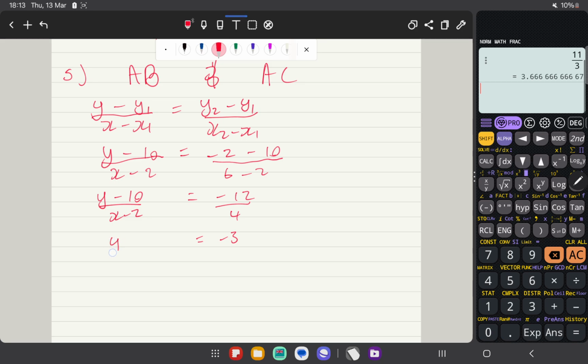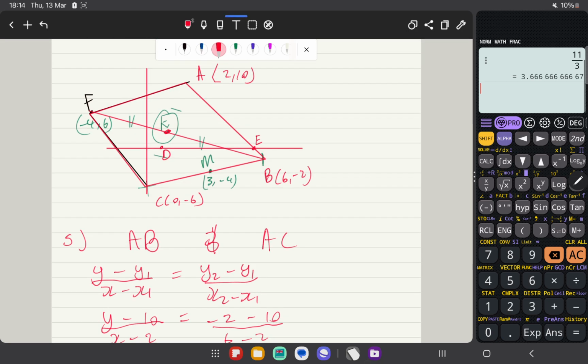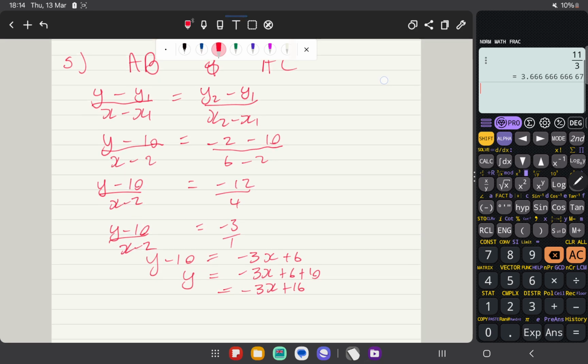Cross multiplying, y minus 10 is minus 3x plus 6. So y equals minus 3x plus 6 plus 10, and that is minus 3x plus 16. It kind of makes sense. So that is AB.